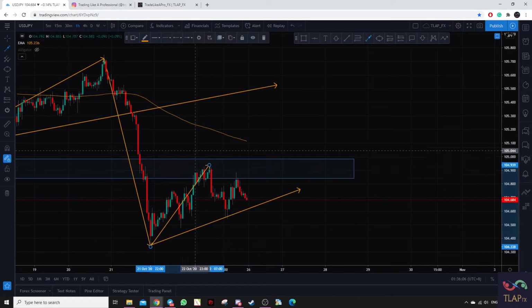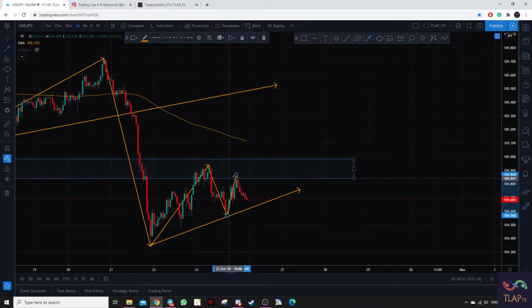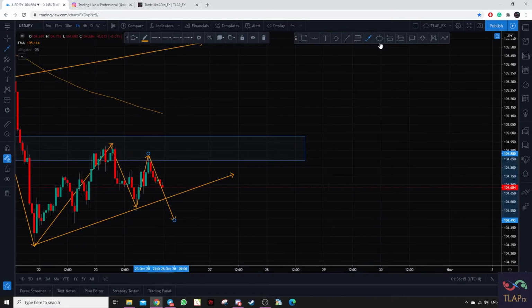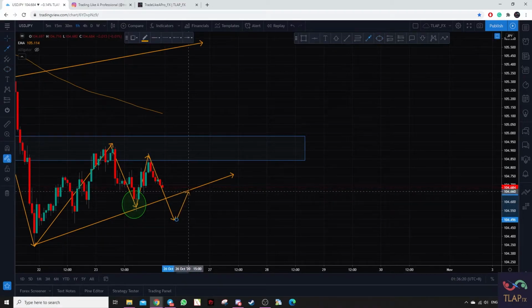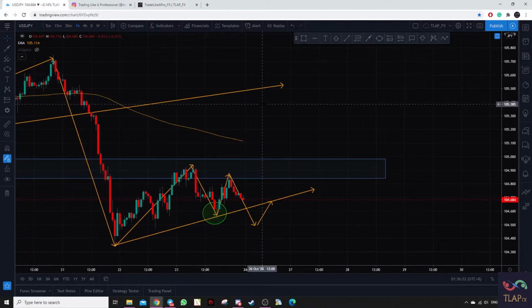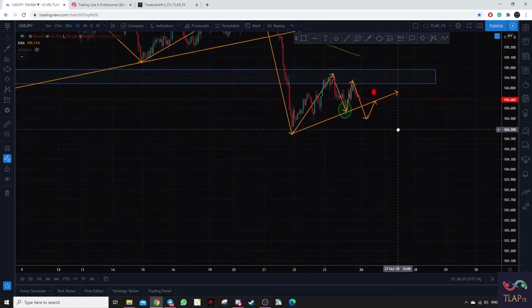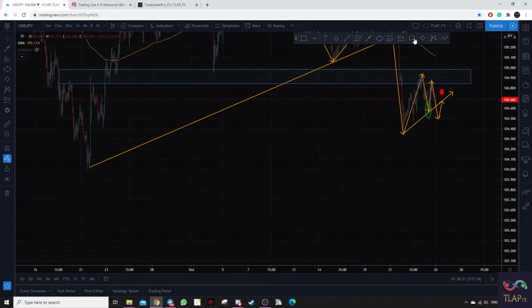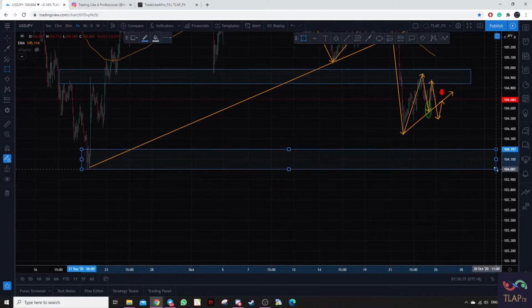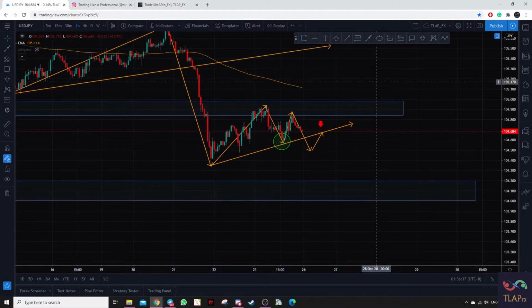You can see that prices retest this once and a second time over here, making a lower high. So once prices break this trend line and invalidate this pivot point, we look for a retest over here onto the trend line and have a sell position right about here. So we aim for a target at previous support level around the 104 level, and our trade should look something like this.